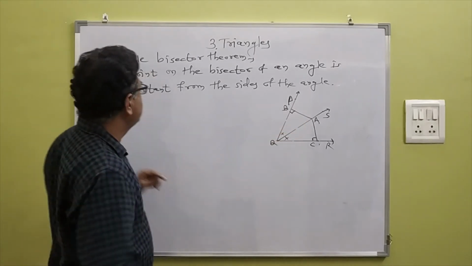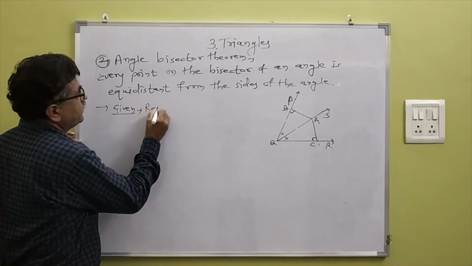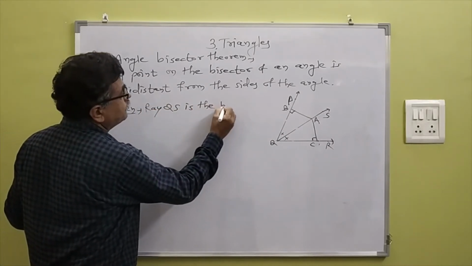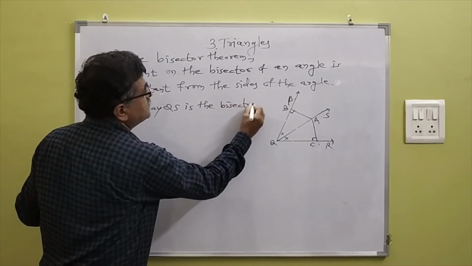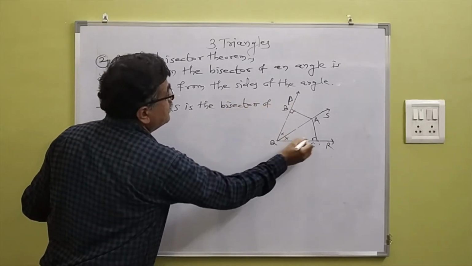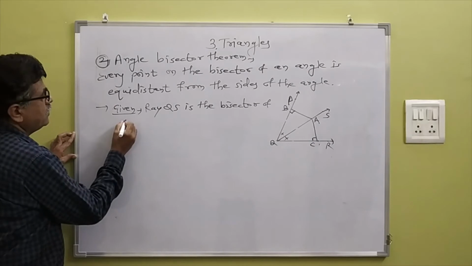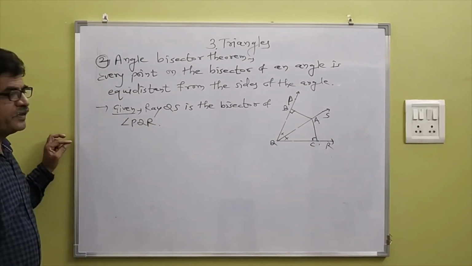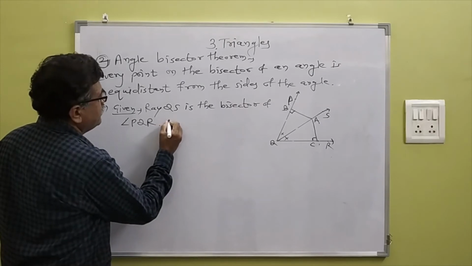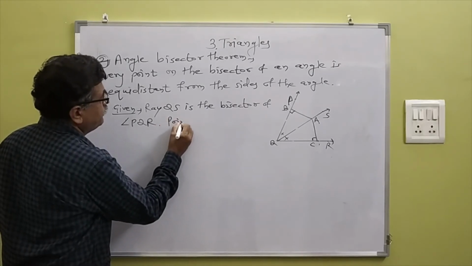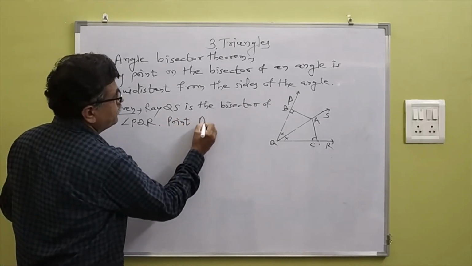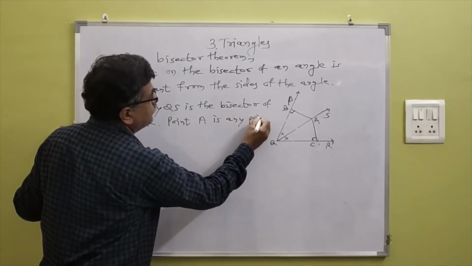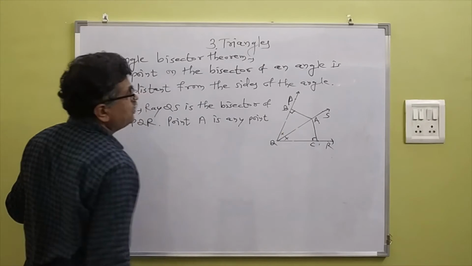Ray QS is the bisector of angle PQR. Point A is any point on ray QS.